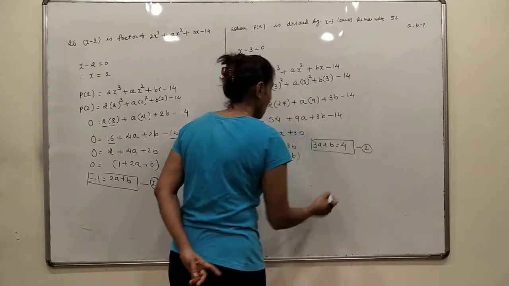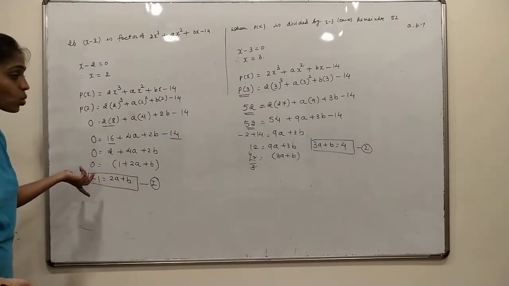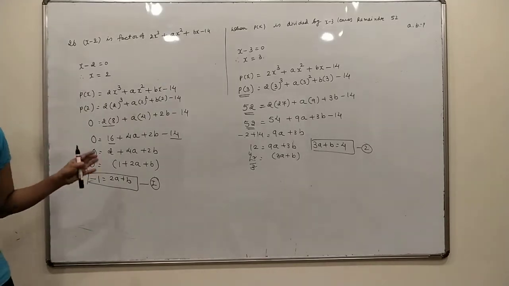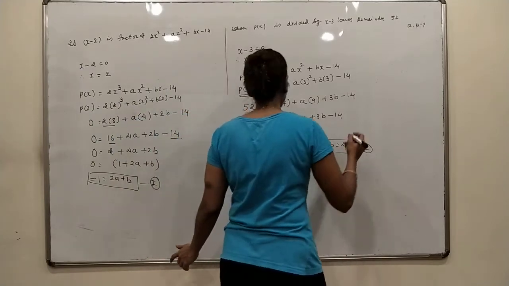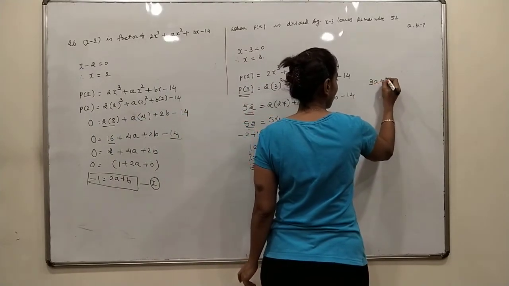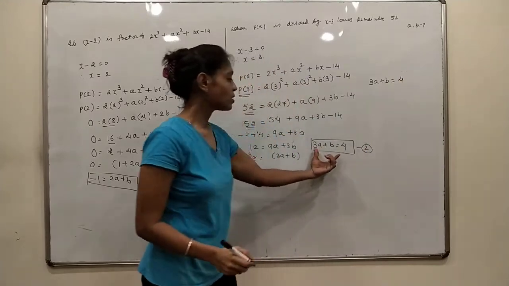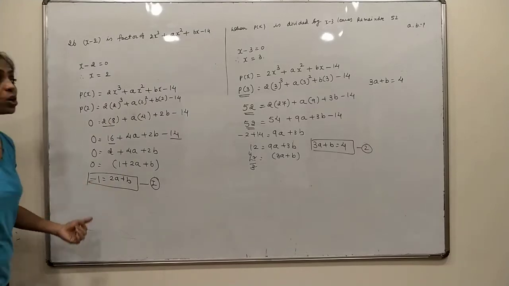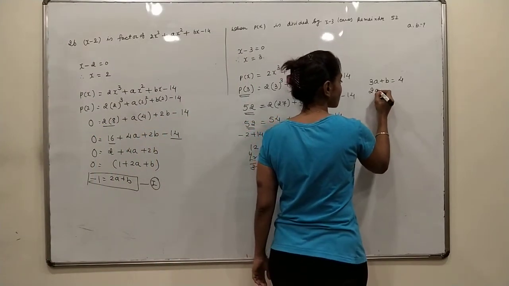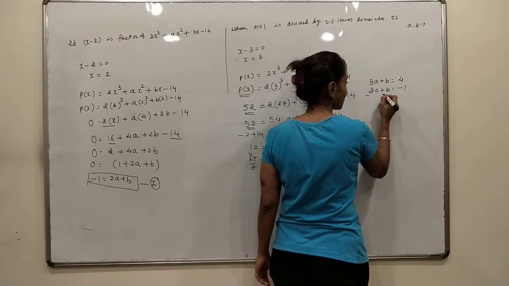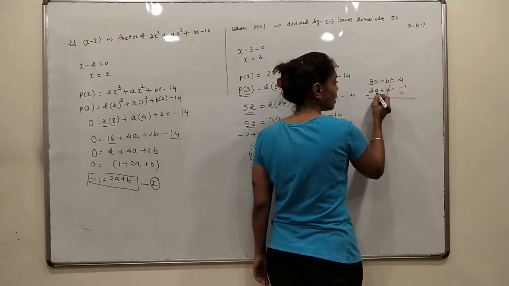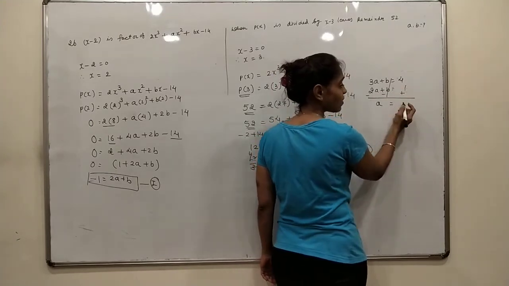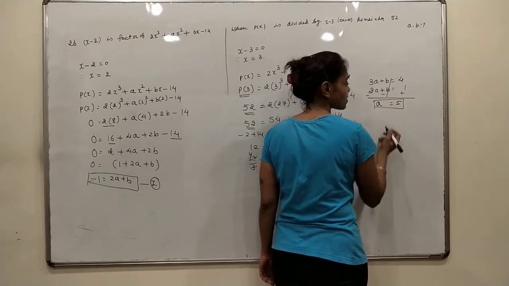Equation number 2. Now you can see that the b terms are the same, so eliminate using equation number 1 and 2. I'll not erase these, brother, because if there is a mistake it will be hard to find. Let's see: 3a plus b equal to 4 is equation number 2, and 2a plus b equal to -1 is equation number 1. Change the sign: minus minus becomes plus. 3a minus 2a is a. 4 plus, the lower sign changes, 4 plus 1 is 5, so a is 5.